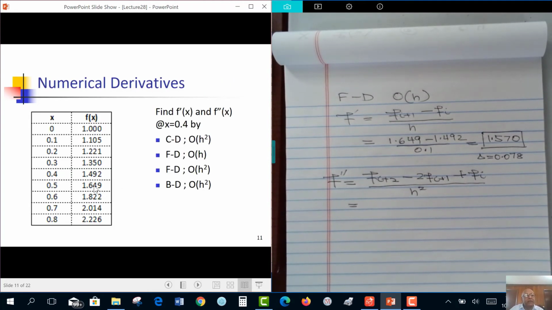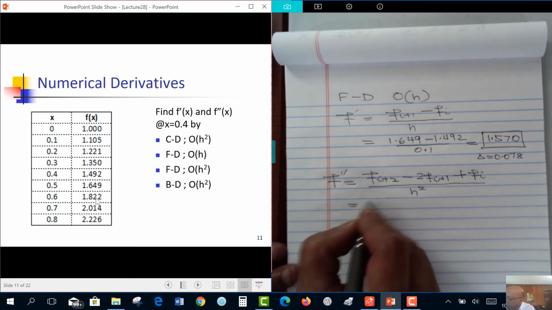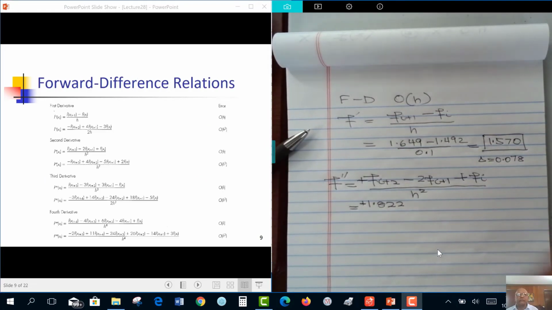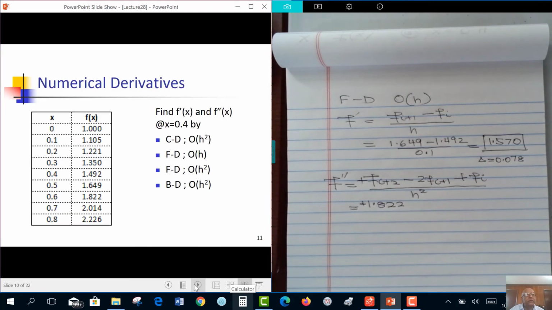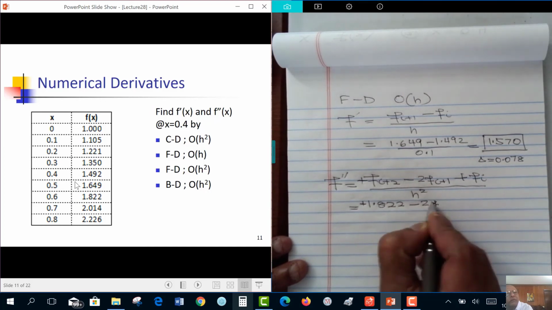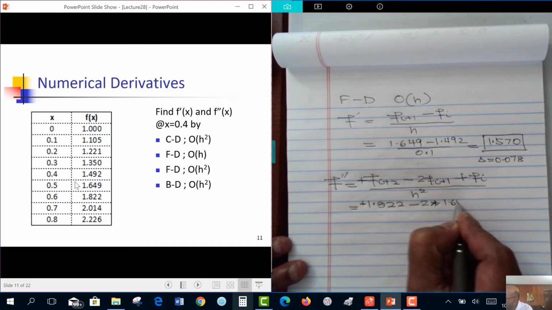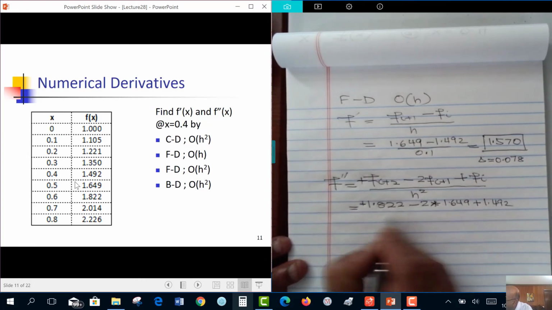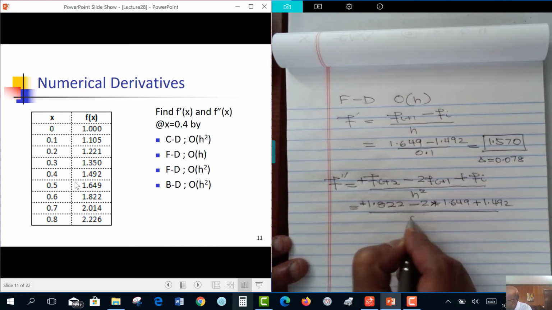So this is i plus 1, i plus 2. So we have 1.822, minus 2 times 1.649, plus 1.492, over 0.1 square.